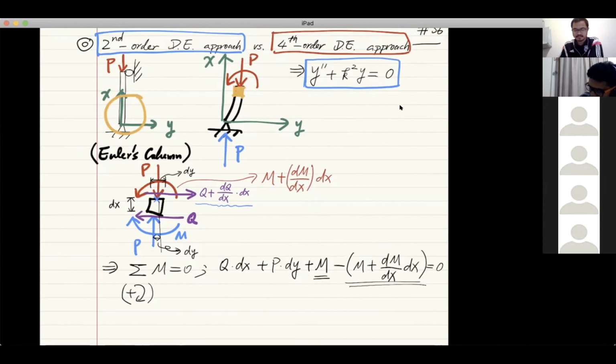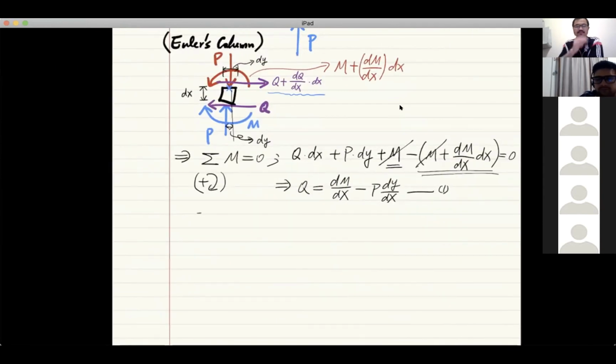Of course, you can see that this will cancel out. And that means we're going to write it like this. This will become q equals dm/dx minus p dy/dx. So this is our first expression, or the first equation.